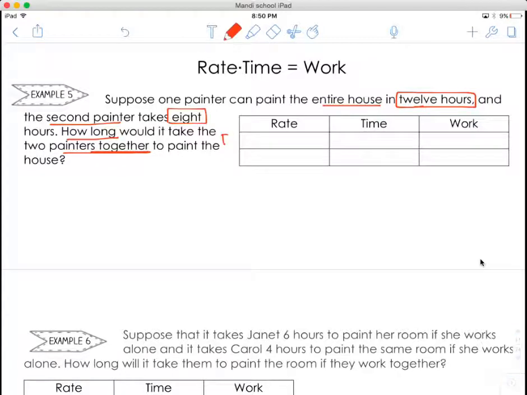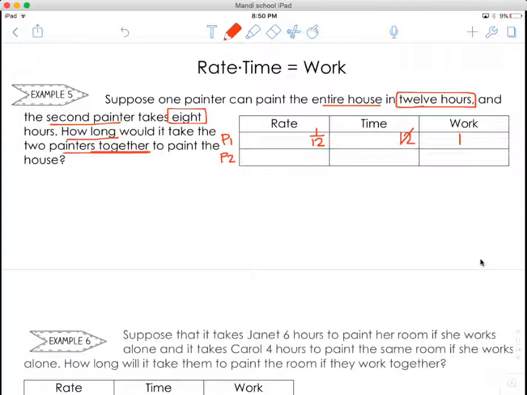So let's call this dude painter 1. Let's call this dude painter 2. Painter 1, now I'm going to kind of work over here at the side, and you're going to see why. He's going to do the work of one house in 12 hours. That makes my rate one house in 12 hours.